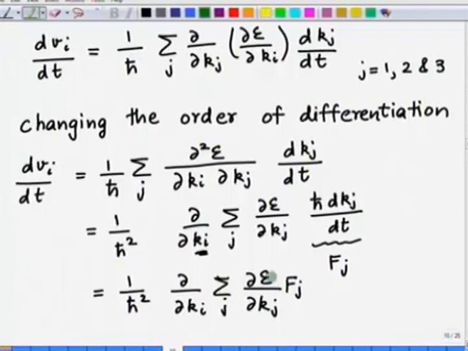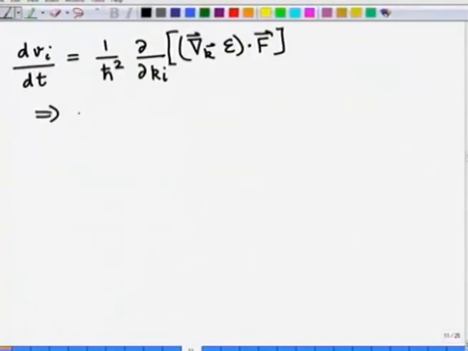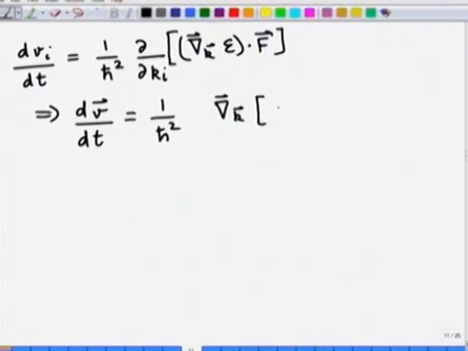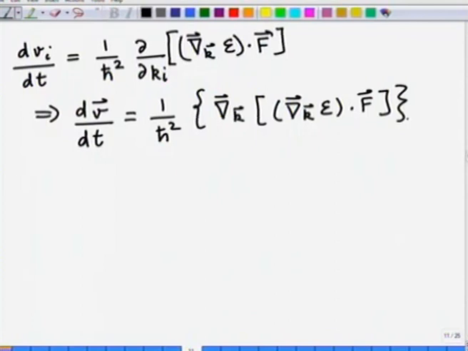These are the three components I am going to get. So, all right, I can write this in a different form. In a vector form, I can write this as 1 over h square gradient with respect to k of. All right, that is what the little algebra was.